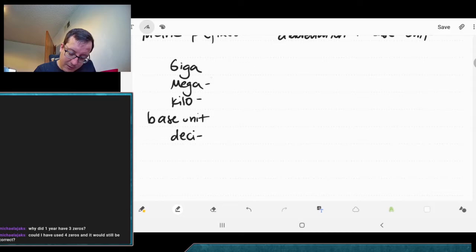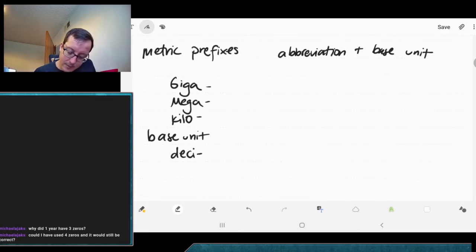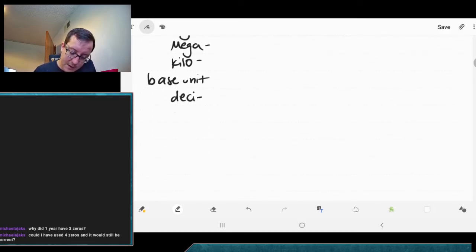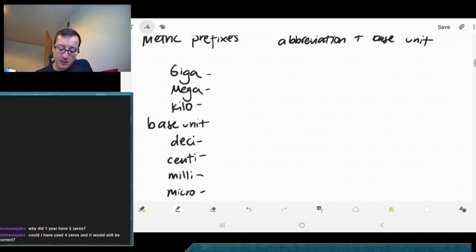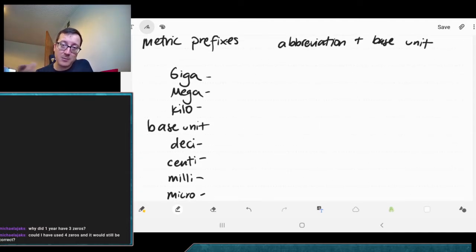These are all prefixes here. Those are all our prefixes. We have centi, milli, micro, and nano. These are the ones I would like you to know. So again, giga to nano here. I'm excluding hecta and deca because they're not very common.